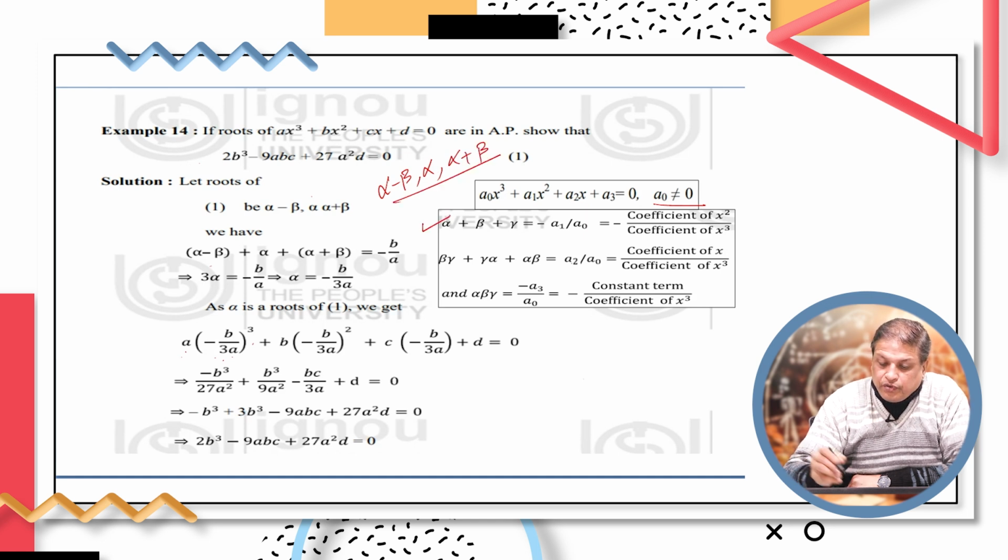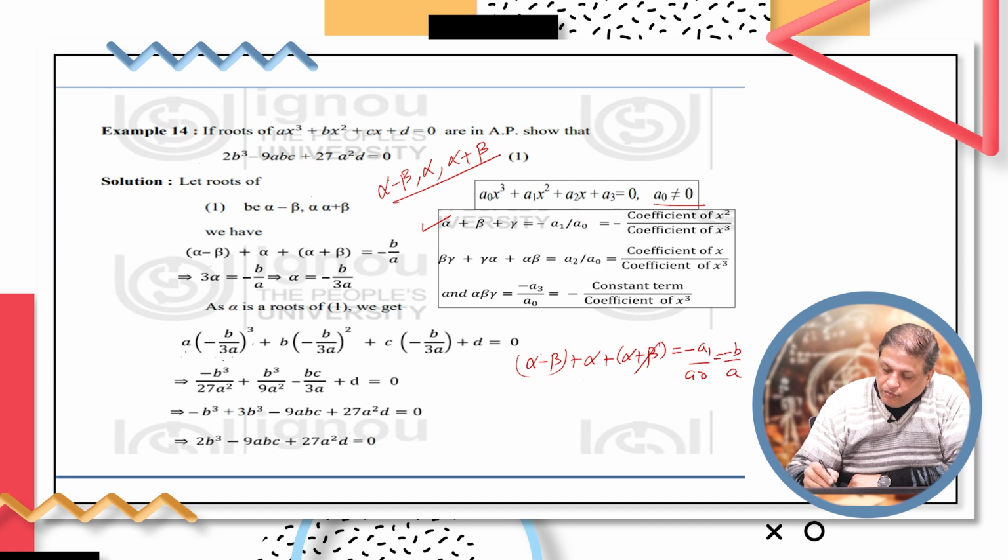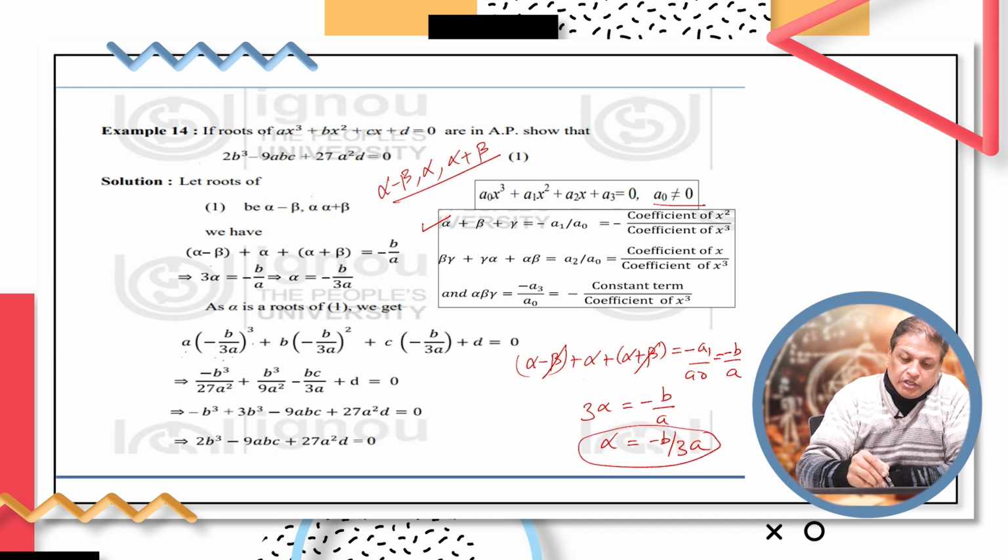So, we followed the first identity, wherein we found that alpha minus beta plus alpha plus beta turns out to be minus of a1 upon a naught, which is nothing but minus of b upon a. And solving, we find that 3 alpha is equal to minus b upon a, that means alpha is equal to minus b upon 3a. And alpha is one of the roots of this cubic equation.